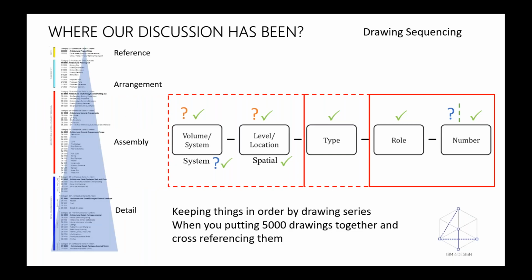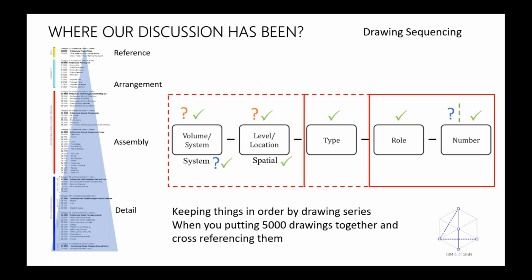Thank you. So this was again about drawing sequencing and the impact of change across that if we start using the other fields. Drawing sequence becomes really important, as Ronald said, for that storytelling and keeping drawings together in a coordinated and logical order, particularly outside of a common data environment where you're working in a file structure.